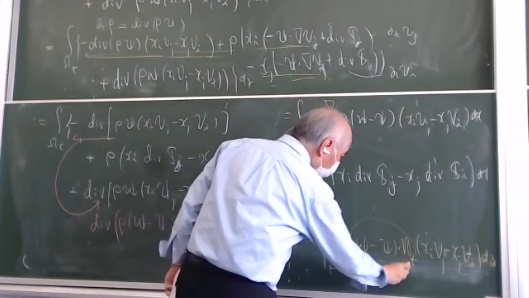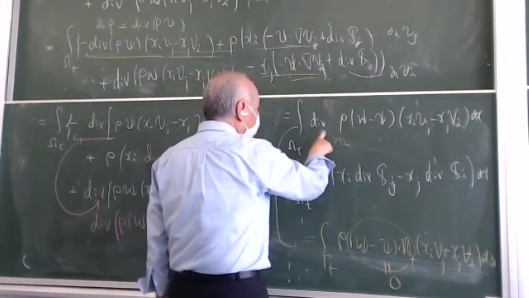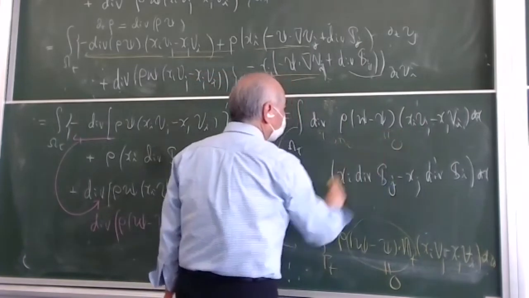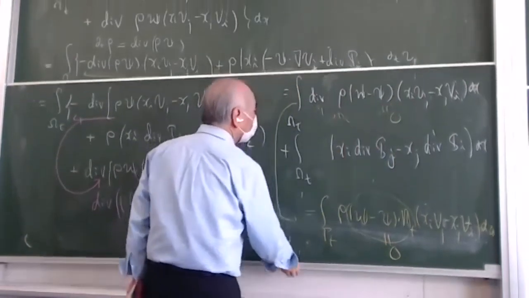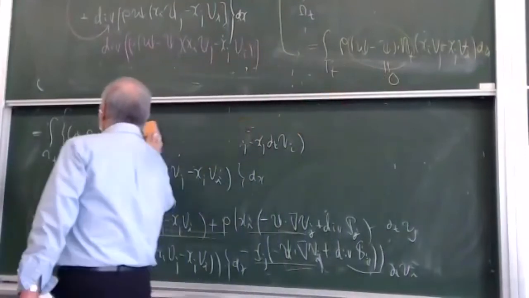We are sure that this is zero. The first sum is zero, so we only have the second sum.